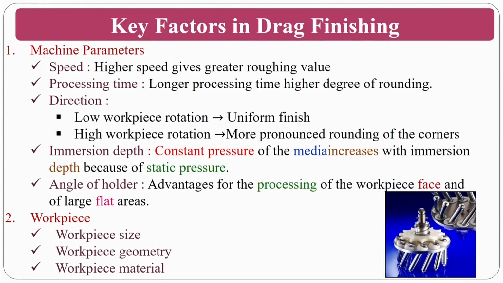The machine parameters, if you see, are speed: high speed gives a greater surface roughness value. That means if you are using a very high speed, normally surface roughness may be very high, because the interaction force will be very high. At the same time, if the processing time is large, then a high degree of roundness will be there. That means if I want to generate roundness, assume that there is a very sharp edge which I don't want.